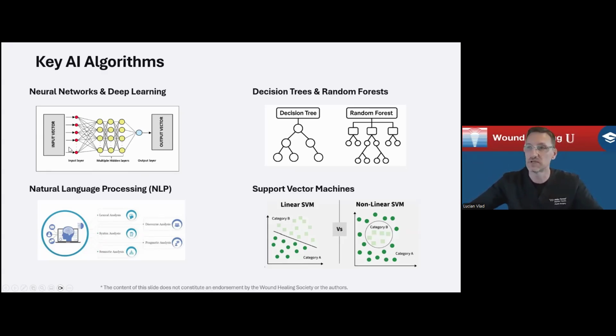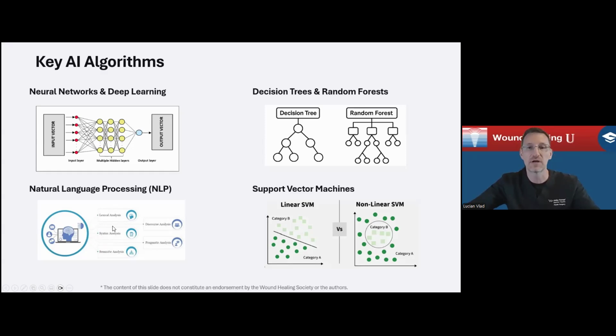Like a neural network, you have the input layer, and then you have a bunch of hidden layers where you don't exactly know where things are happening. And we're going to come back to explainability. This is where the problem comes into place. Then once this goes through the system, it comes out as an output. So that's the anatomy of a neural network and deep learning.